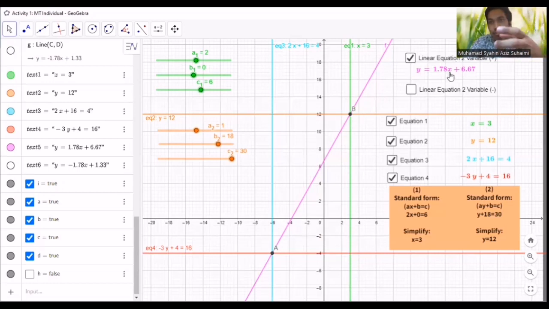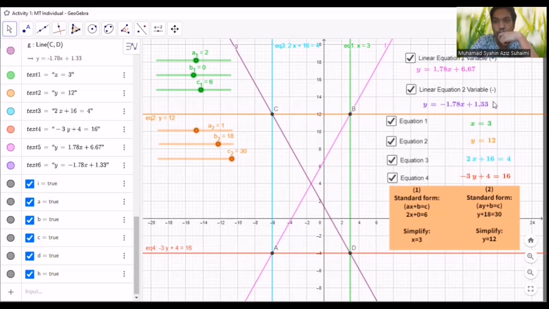So we have y equal to 1.78x plus 6.67, and this one, y equal to negative 1.78x plus 1.23.